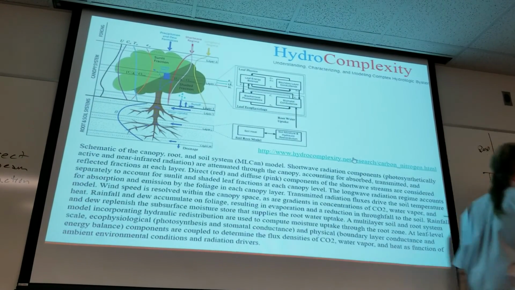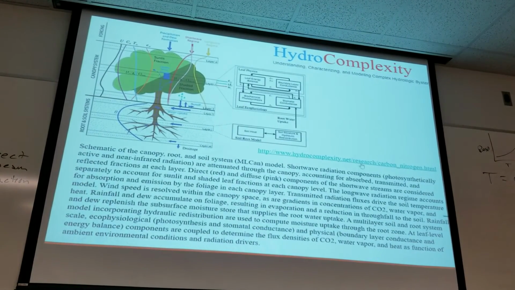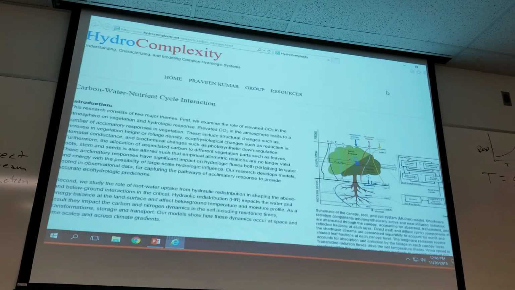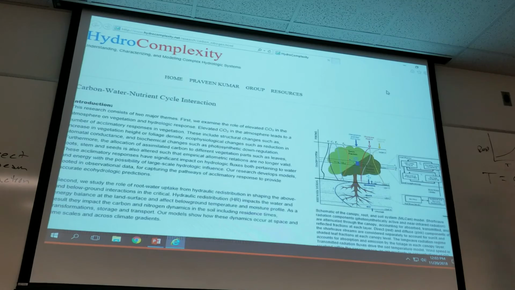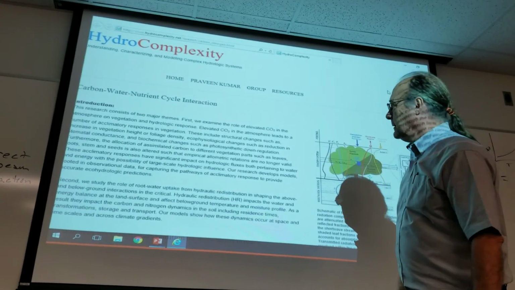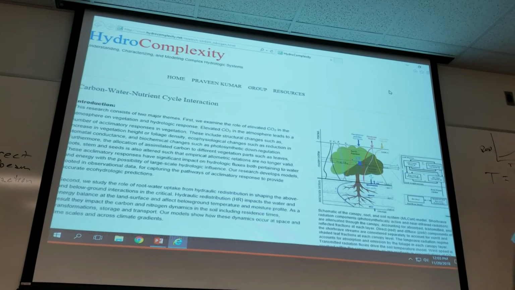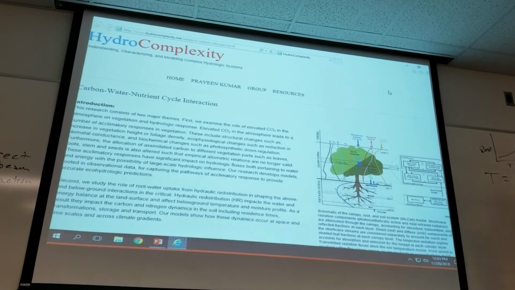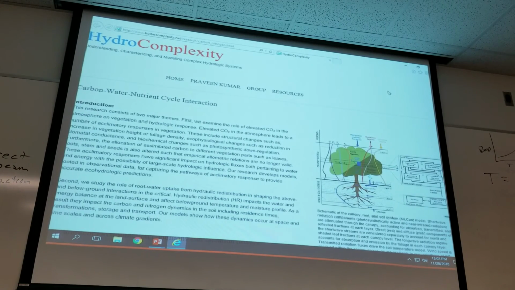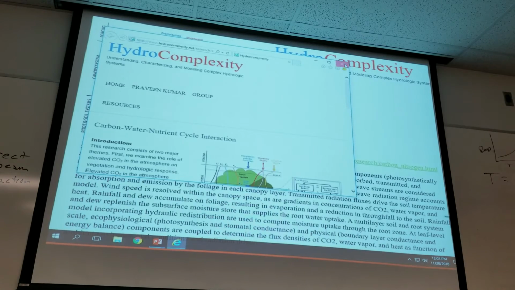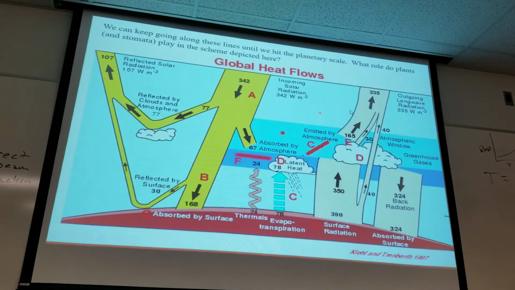This one looks a little bit different now. Again, you can look here. I don't know if you can get the code. You can download the code and actually play around with it. I don't know the details of this hydrocomplexity, but it's a very useful approach to estimate what's going on in a plant canopy.